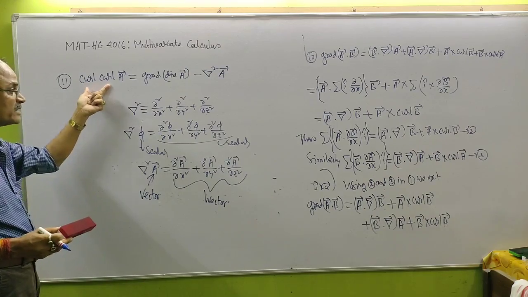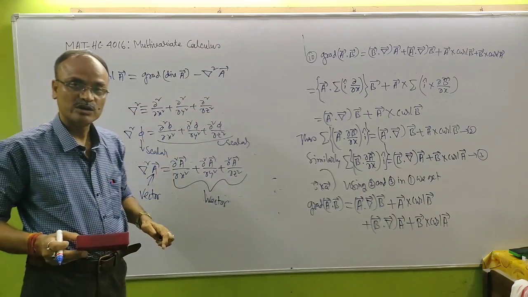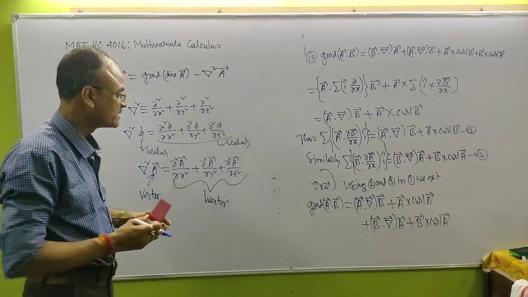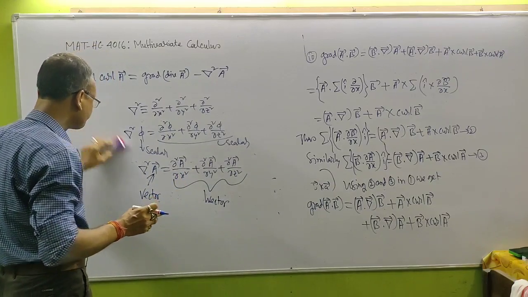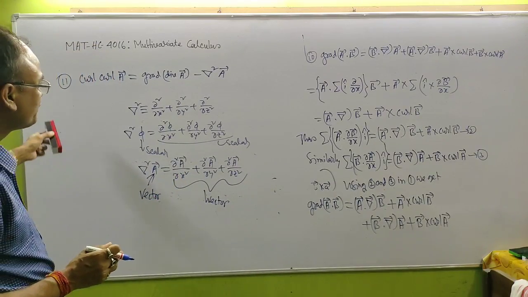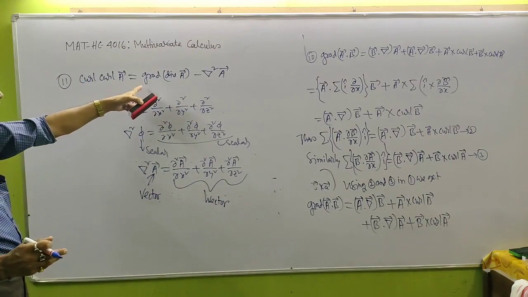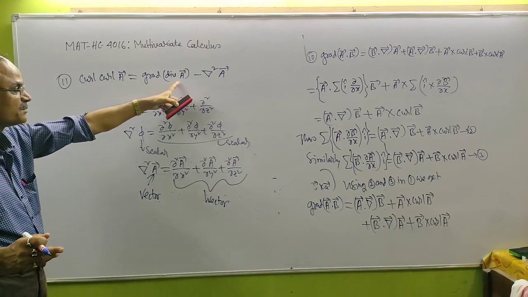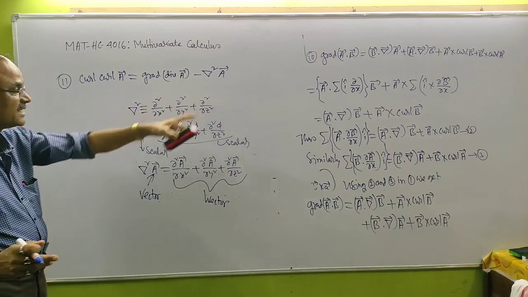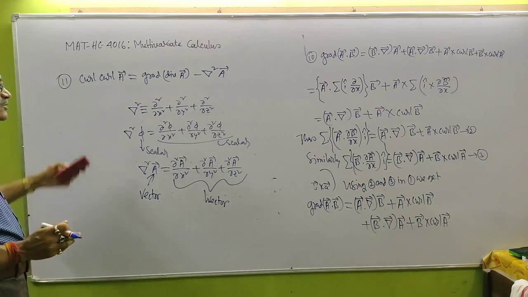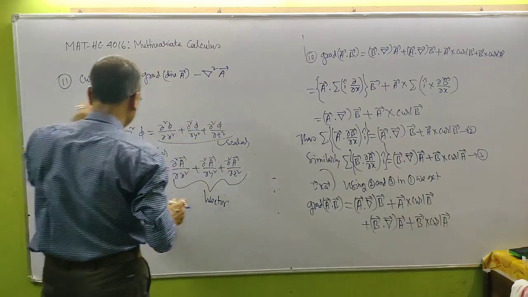Curl on the left side is a vector quantity, so the right side will definitely be a vector quantity. Now, curl of curl of A vector equals gradient of divergence of A minus del square A, the Laplacian operator.